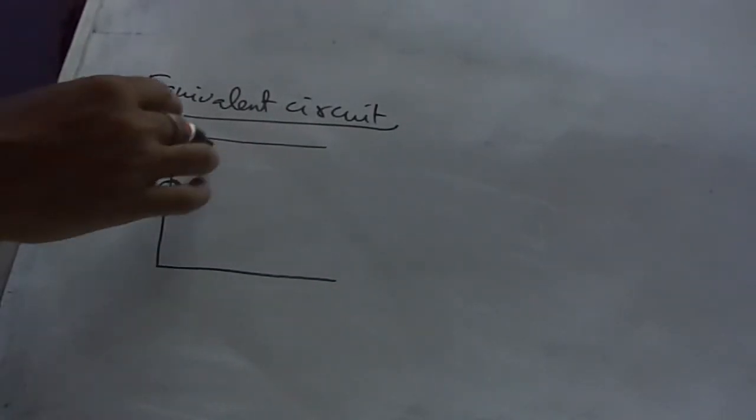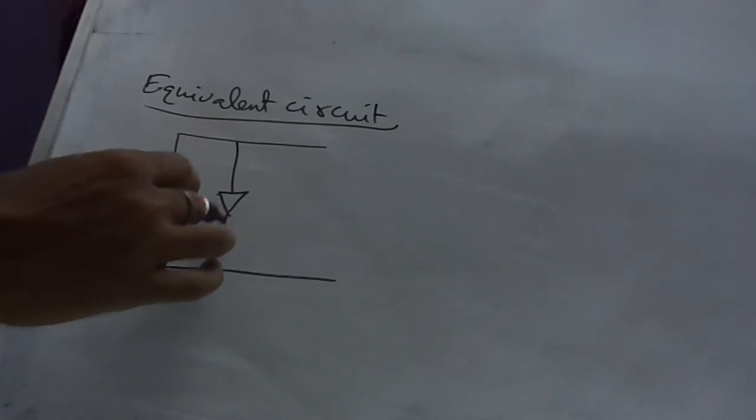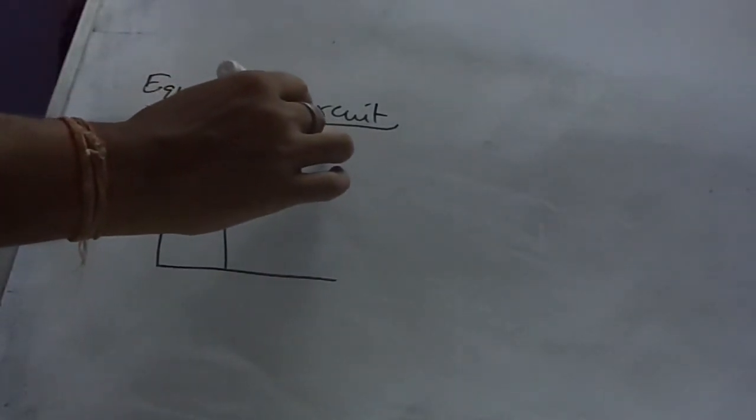If you draw the diagram of the equivalent circuit, the ideal circuit, that is the plus, I, minus.